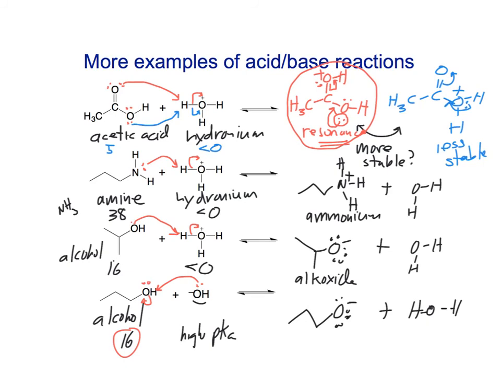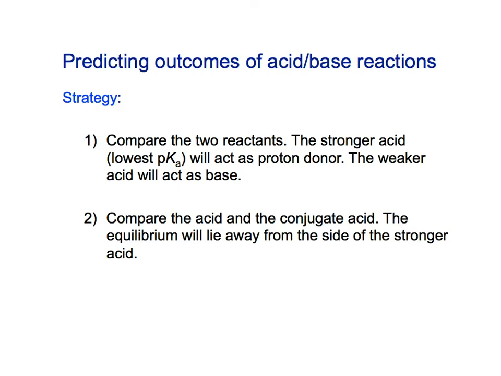All right, so this is how we predict, or write out, acid-base reactions. If we start with an acid and a base, we can predict what the conjugate acid and the conjugate base will be. The second step in this process is to determine which direction the equilibrium lies: toward the products, toward the reactants, or halfway in between.